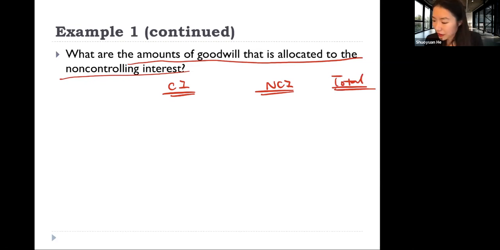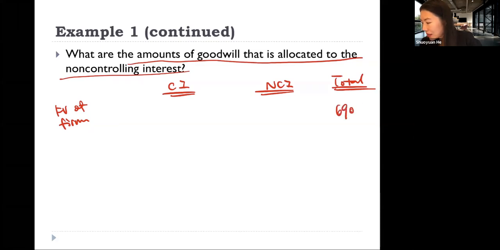And the fair value of the firm, we calculated, the total fair value of the firm is 690,000. And this is made up of the consideration transferred, which is $70 per share multiplied by 9,000 shares.